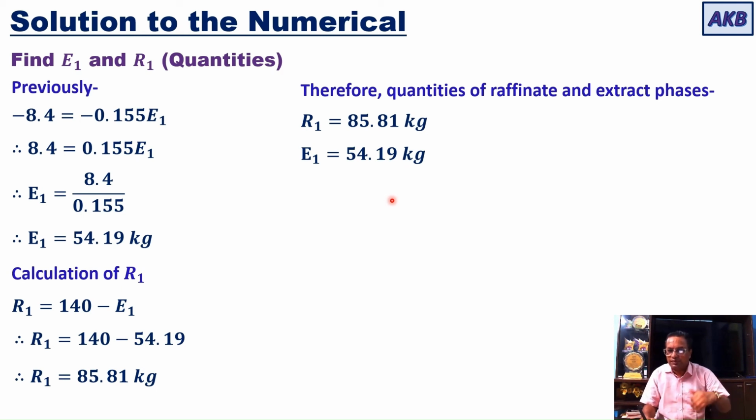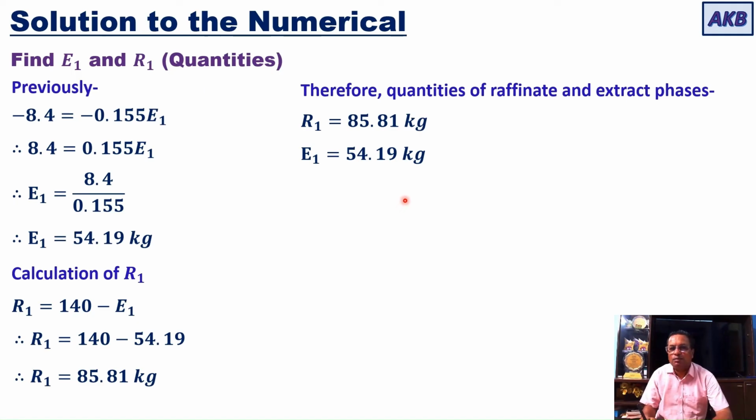So any trial and error method we need to use in order to draw the tie line. And then after drawing the tie line, we have to note the values of x1 and y1, and then those x1 and y1 values are used to find out the extract and raffinate phases.